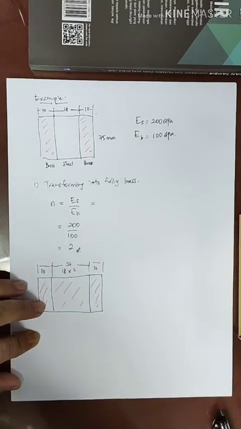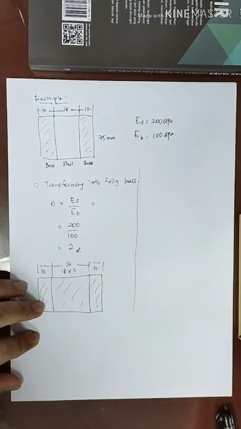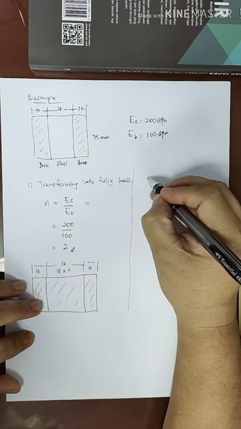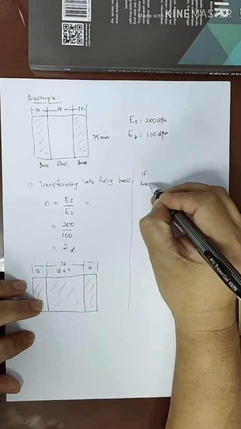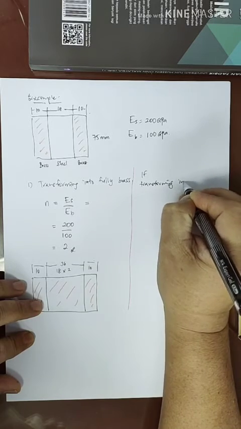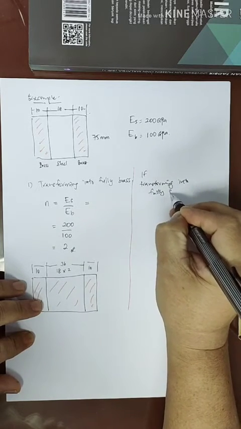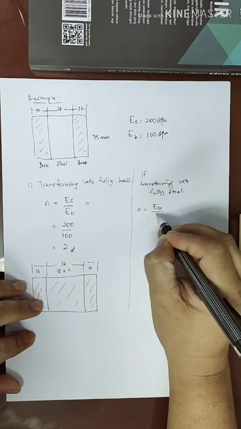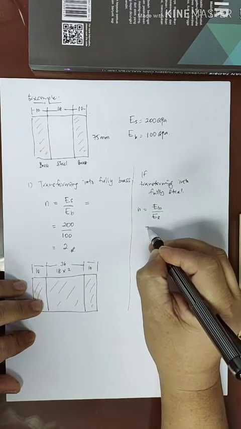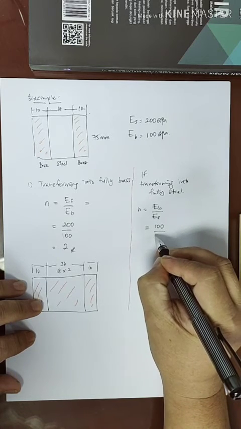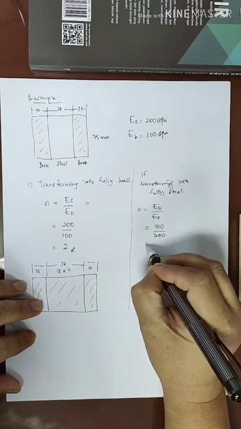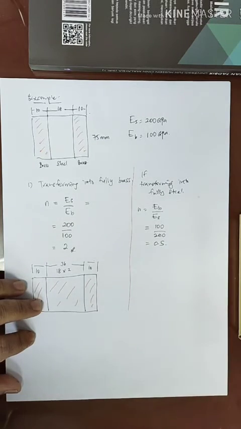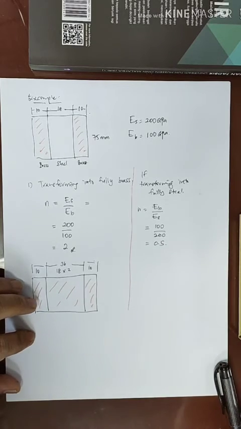Okay, for comparison, if we are transforming into fully steel, n is E brass over E steel, equivalent to 100 over 200, equivalent to 0.5, meaning that the size of brass transformed into steel is half.